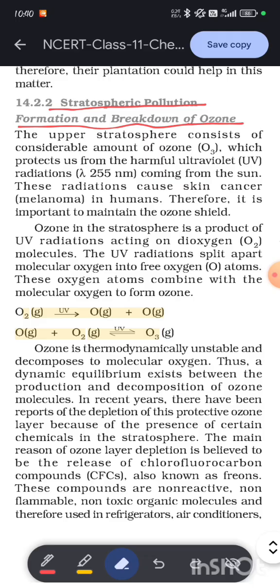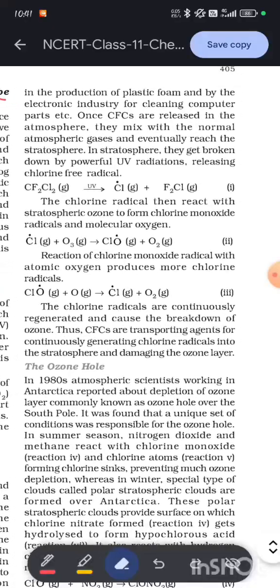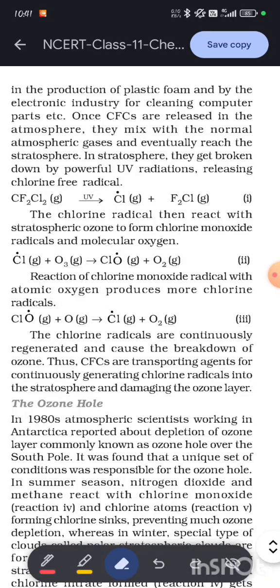These compounds are non-reactive, non-flammable, non-toxic organic molecules, and therefore used in refrigerators, air conditioners, in the production of plastic foam, and by the electronic industries, for cleaning computer parts, etc. Once CFCs are released in the atmosphere, they mix with the normal atmospheric gases and eventually reach the stratosphere. In stratosphere, they get broken down by powerful UV radiations, releasing chlorine free radical.